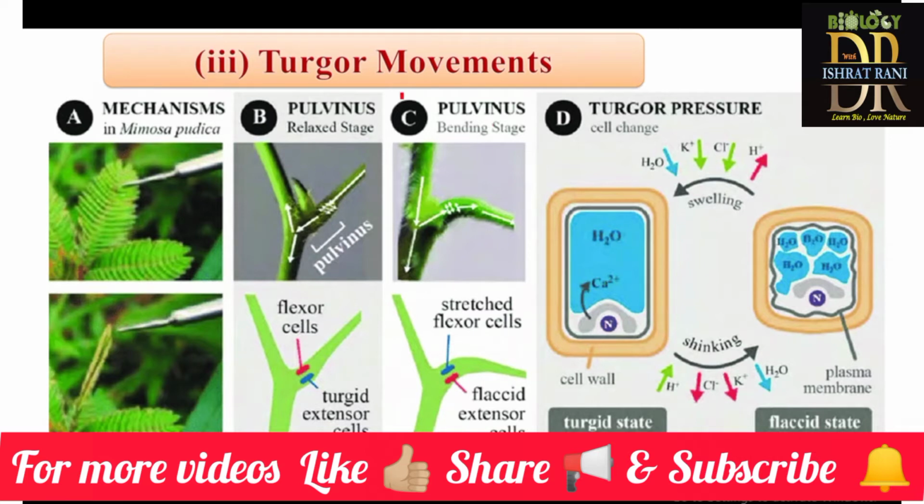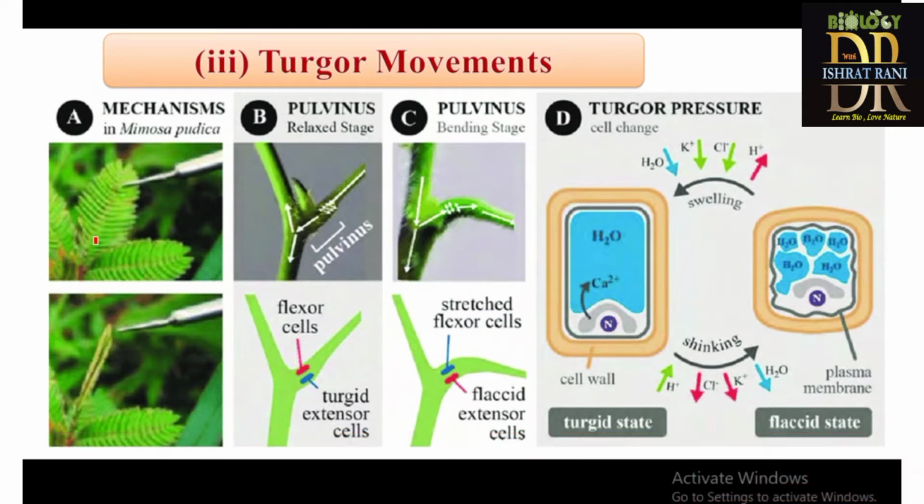This is the leaf of mimosa. When it is touched, its swollen base, which is known as the pulvinus, loses turgor pressure, and then it will bend or stretch because of the gain or loss of water.